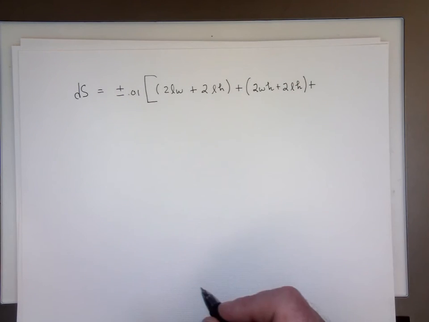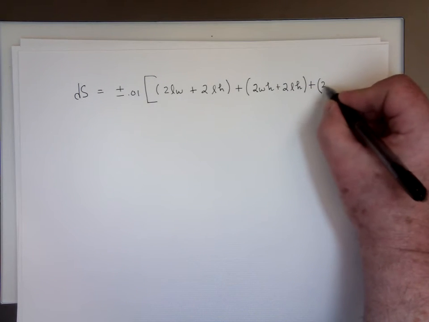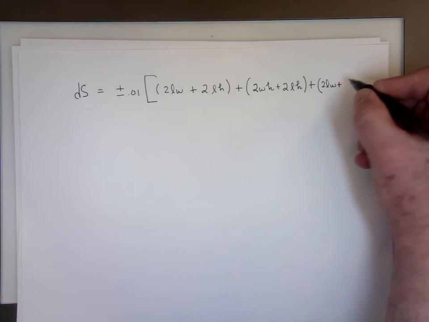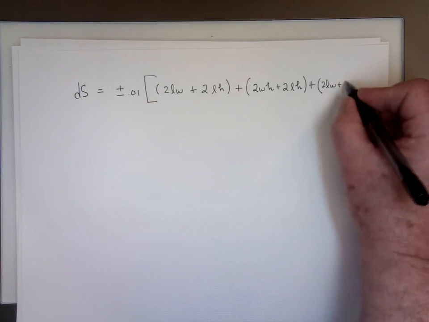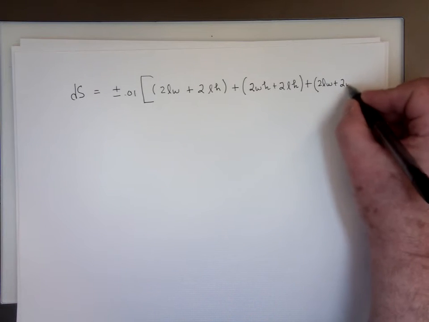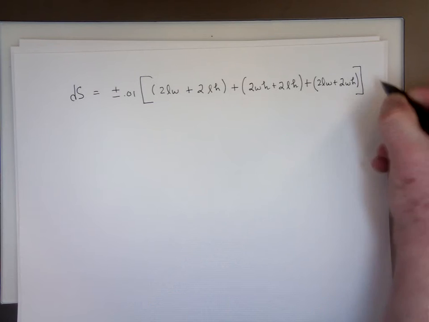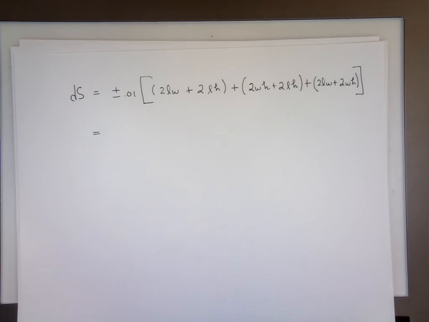In the last one, I'm going to multiply through by W. And I'm going to have a 2LW plus a 2WH. Okay? Everybody okay with this?